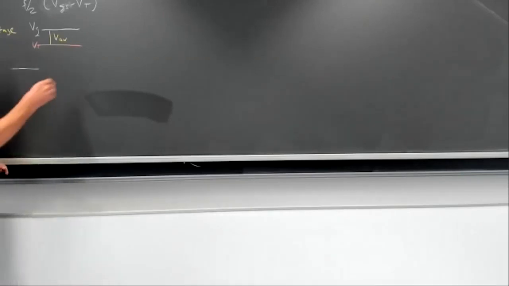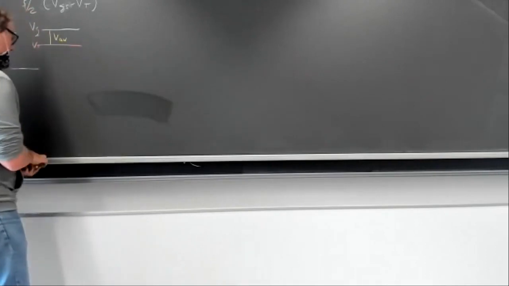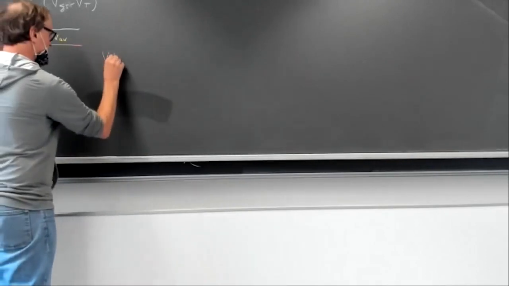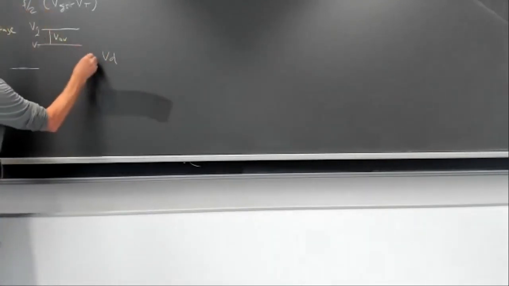But I'm going to ask you a question. What voltage does the drain need to be at so that the gate-to-drain voltage is exactly the threshold voltage? In other words, what VD do you need here so that this gate-to-drain voltage is exactly the threshold voltage?